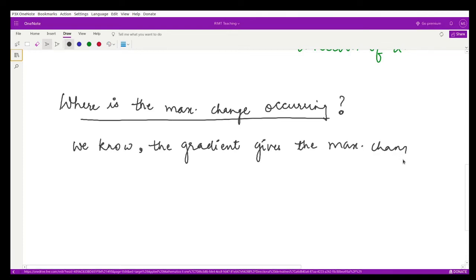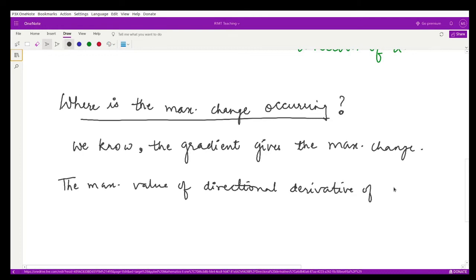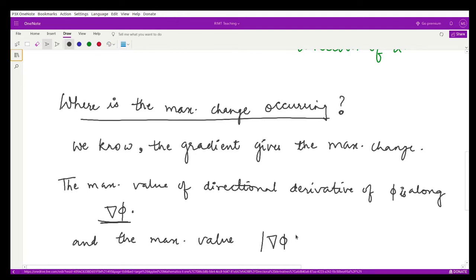So we can say the maximum value of the directional derivative of phi is along the gradient of phi, and that maximum value is obtained by taking the modulus of the gradient of phi. So this is the formula.